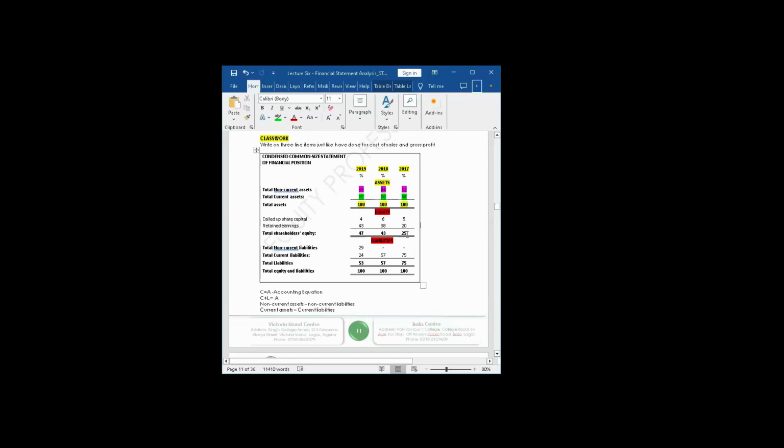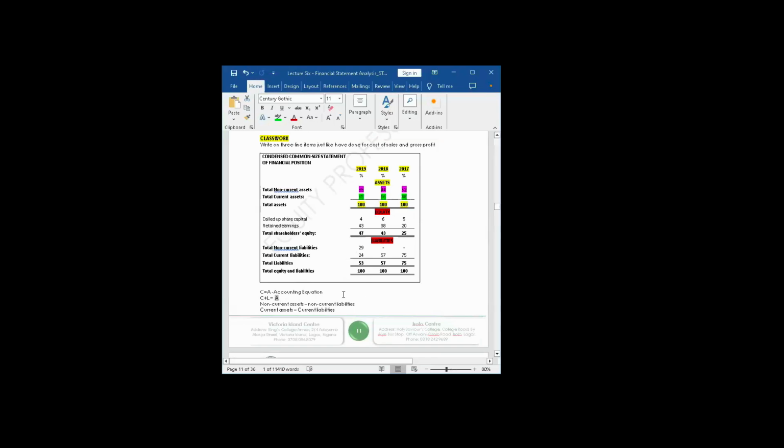Now, the question we should now ask ourselves, remember the accounting equation. We have seen the assets, so we can ask ourselves as professional accountants, how did they finance the assets? That is the question we should ask ourselves.